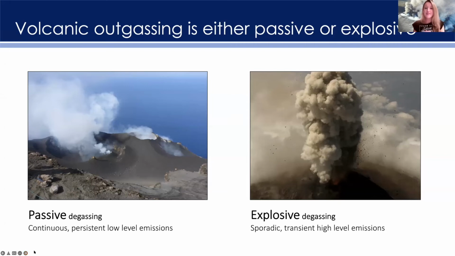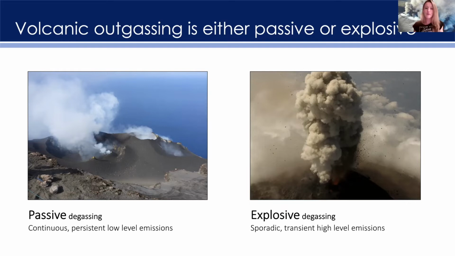Volcanoes can outgas in two different ways. We have our passive degassing and our explosive degassing. They're fairly self-explanatory terms, but essentially the passive emissions are continuous, low-level emissions that happen over long periods of time. So when we discussed Masaya in Nicaragua a few slides ago, that was an example of a passively degassing volcano.